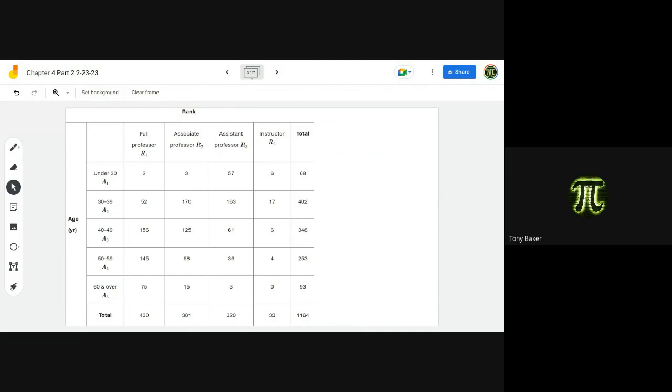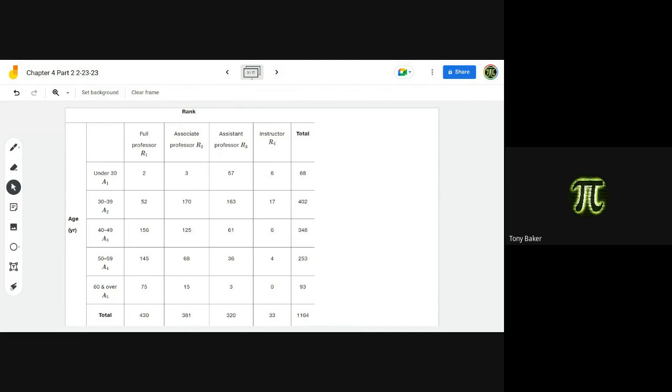All right, so looking at the table, what are some things you notice? So this is known as a contingency table. We have columns and rows, and then we have the totals for each of those.